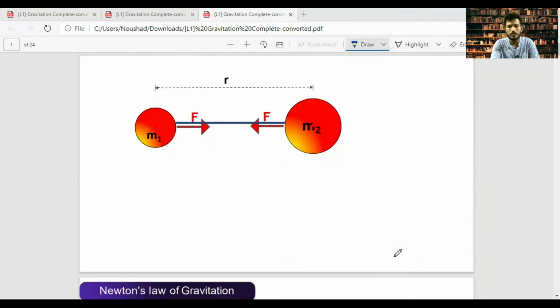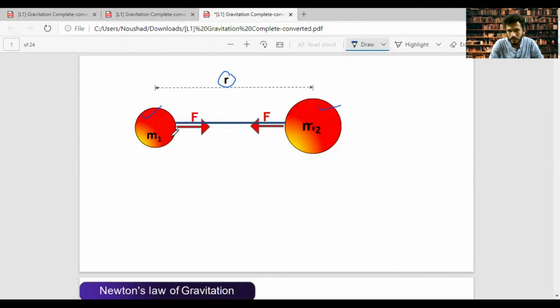Look at this slide. There are two bodies, M1 and M2. This is the first body, M1, and this is the second body, M2. The distance between them is R. Every object in this universe attracts each other. That is Newton's law.